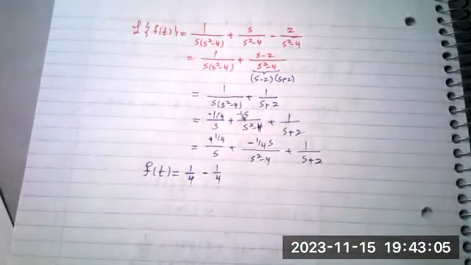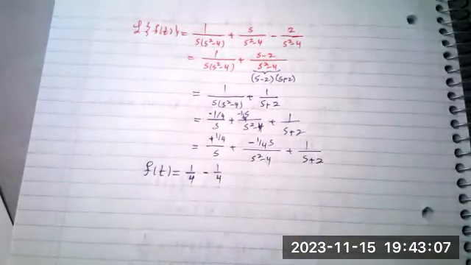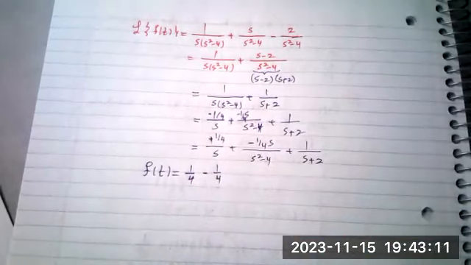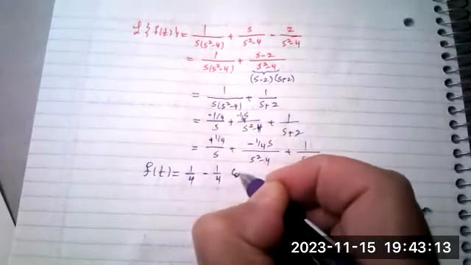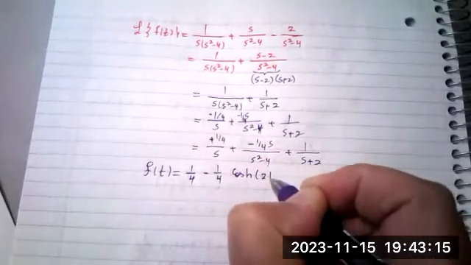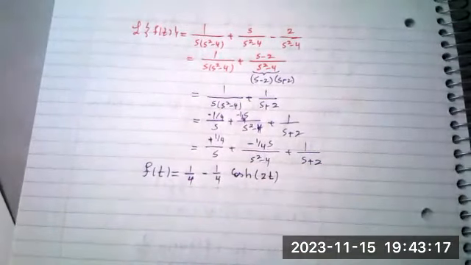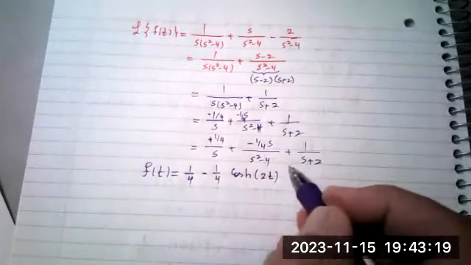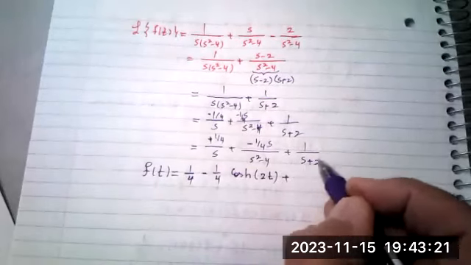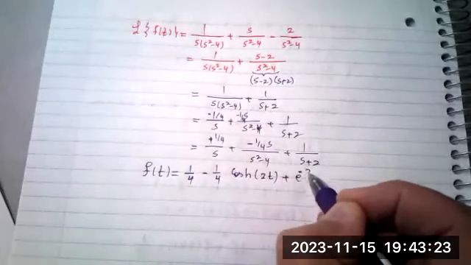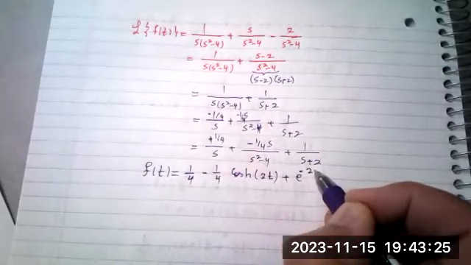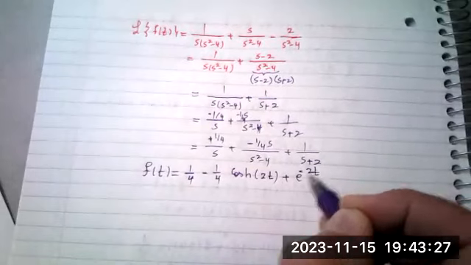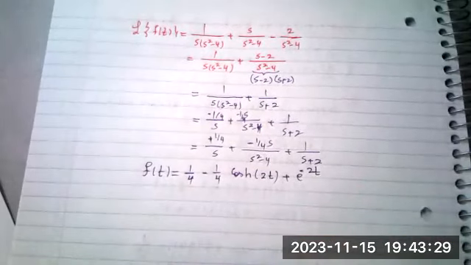You know that s over s squared plus 4 is cosine of 2t. It's a negative, so it's going to be cosine hyperbolic of 2t. That's the one. And the last one is simply e to the negative 2t, to get the final answer.